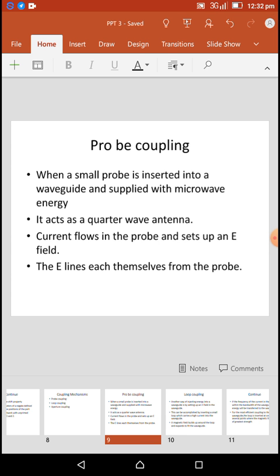The most efficient place to locate the probe is in the center of a wall, which is the point at which the E field is maximum in the dominant mode. Therefore, energy transfer is maximum at this point. Note that the quarter wavelength spacing is at the frequency required to propagate the dominant mode. So this is the probe coupling.